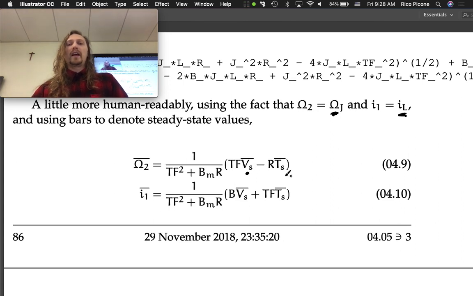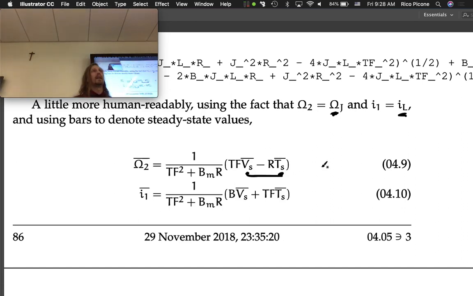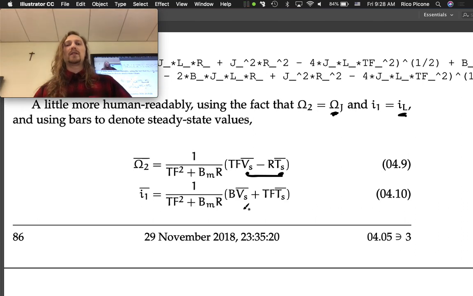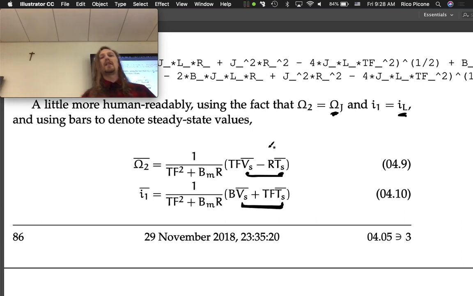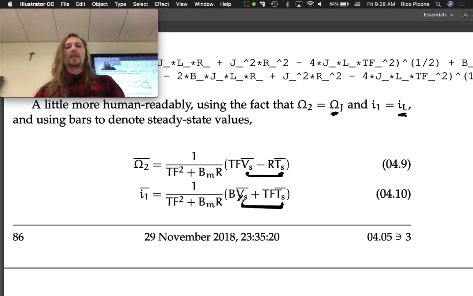So VS and TS both show up, the two inputs show up in both of these outputs, both of these steady states, I should say. And they are effectively just multiplicative factors. TF, R, and BM. Oh, this didn't update. I fixed that, I think. That should be an M subscript on that B. That was a typo.